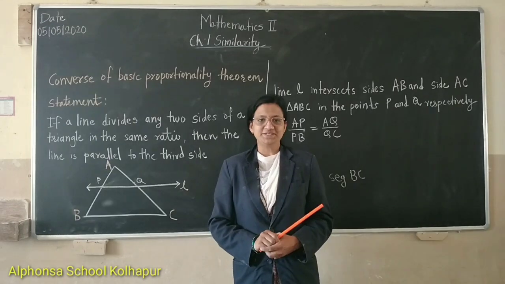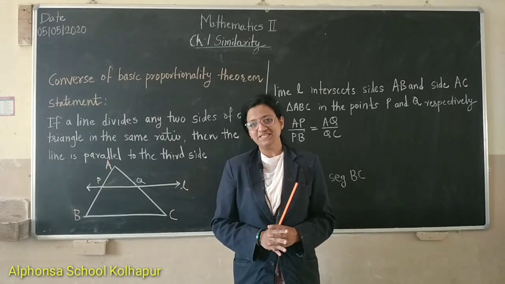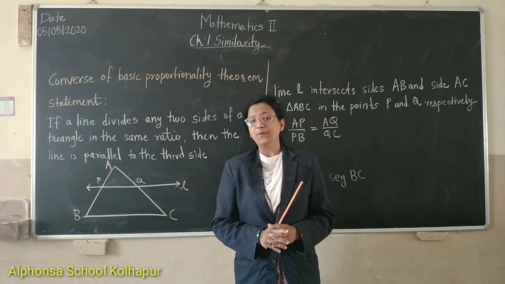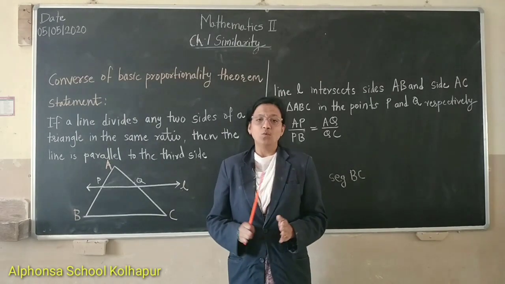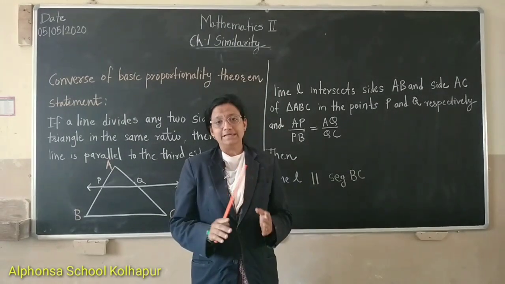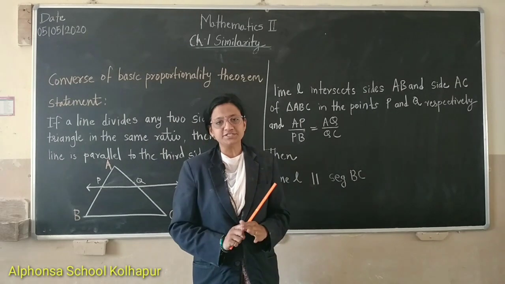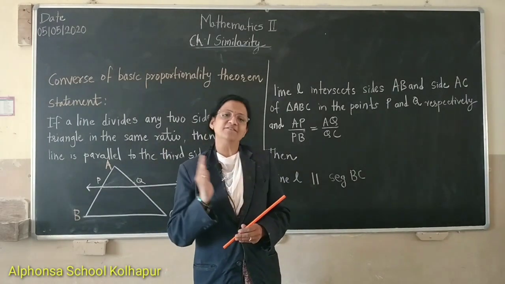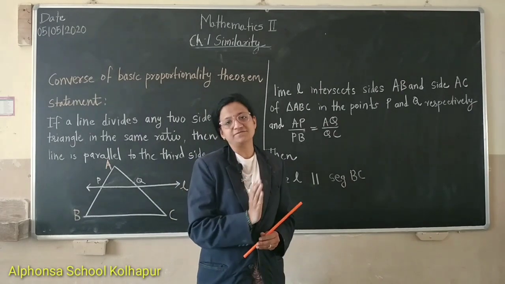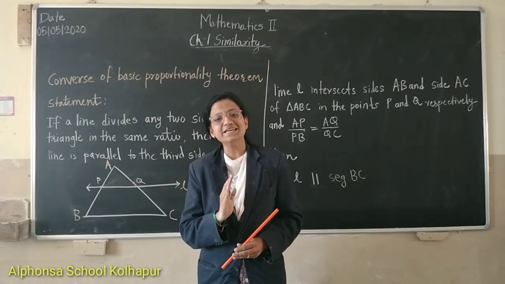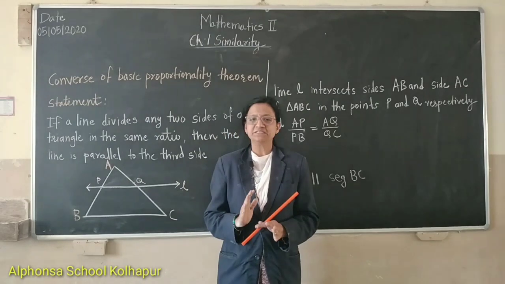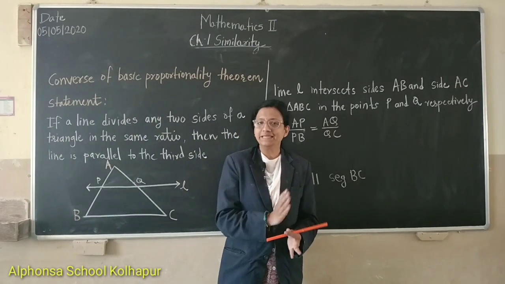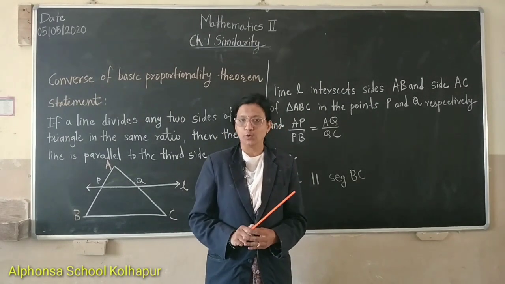Now we are going to understand the converse of this basic proportionality theorem. What is converse first of all? Any conditional statement consists of two parts: the part after if and the part after then. Part after if is said to be antecedent and part after then is said to be consequent.